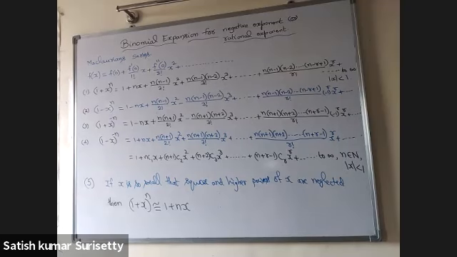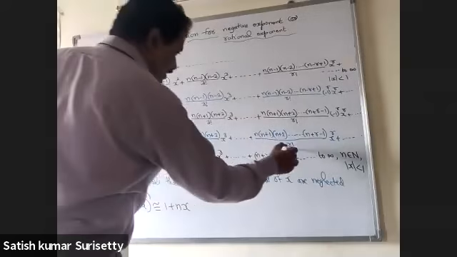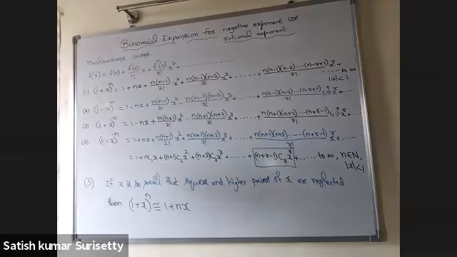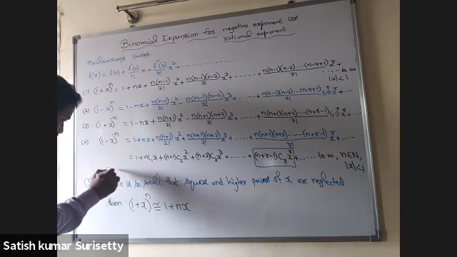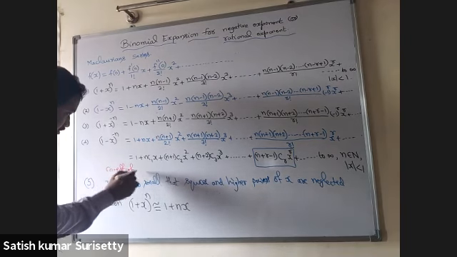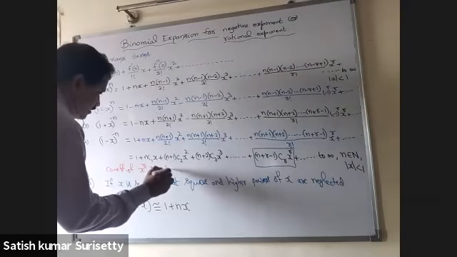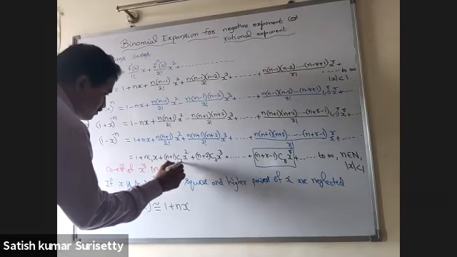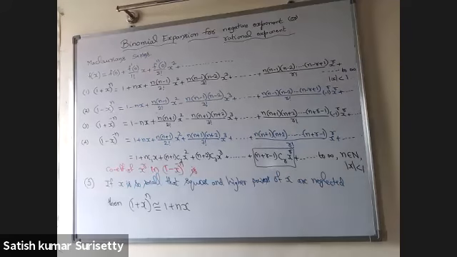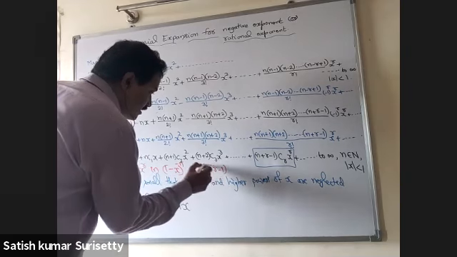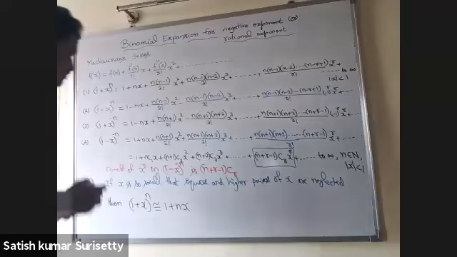Now, in this, you should remember the coefficient of x to the power of r. The coefficient of x power r in the expansion of (1 minus x) to the power of minus n is (n plus r minus 1)Cr.